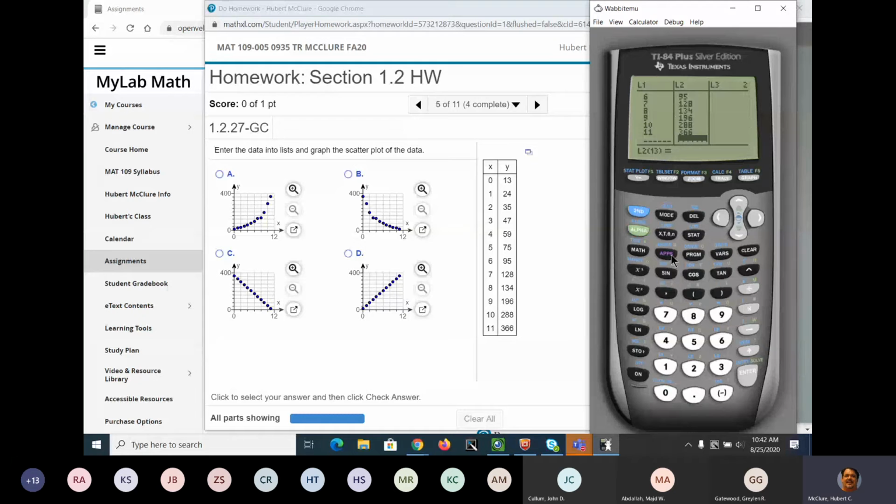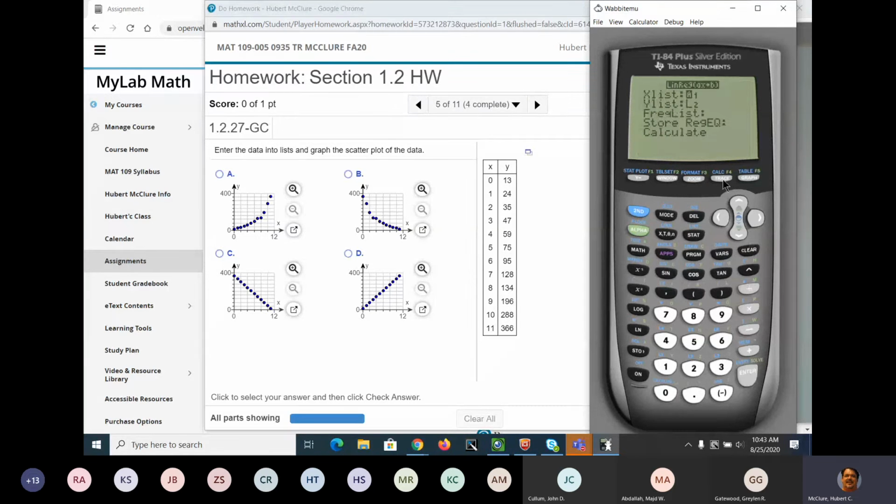And now you can just go to stat. You can actually go to plot, but you can calculate the actual linear regression.